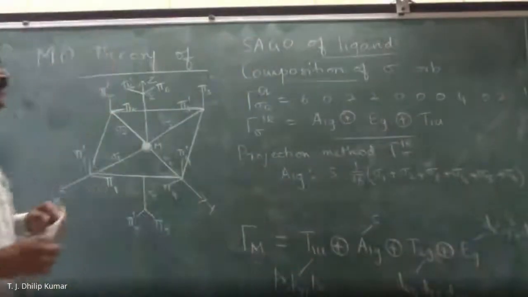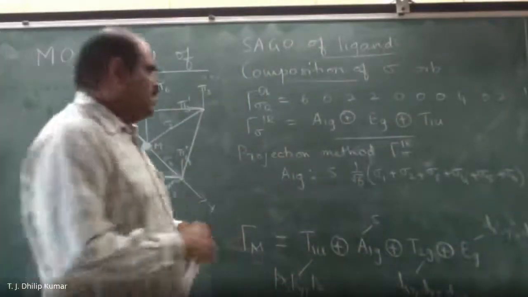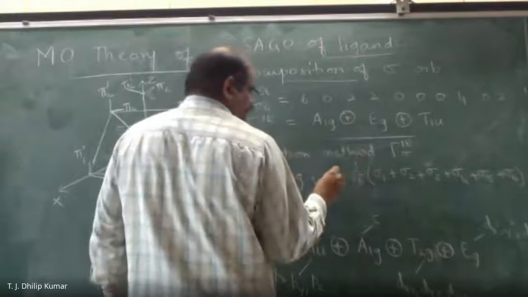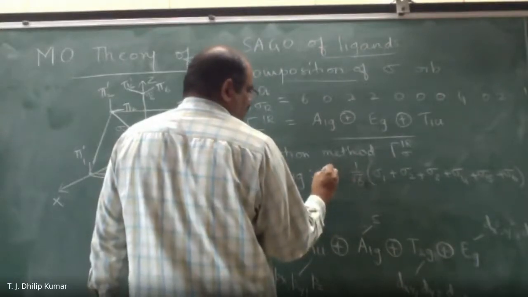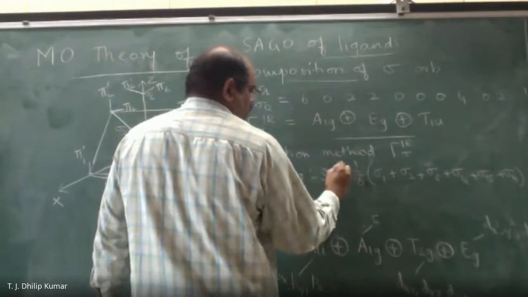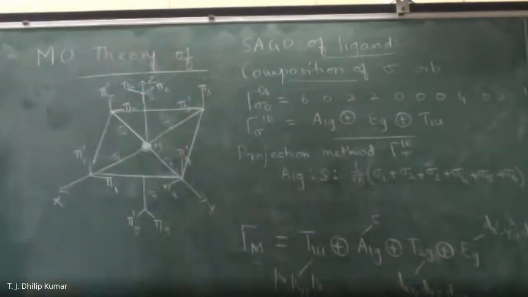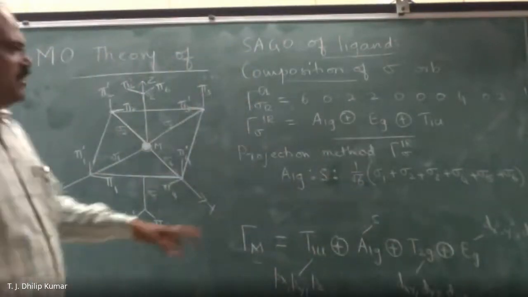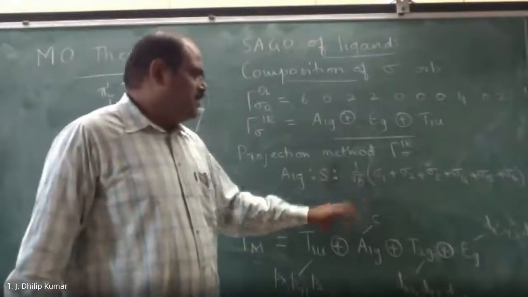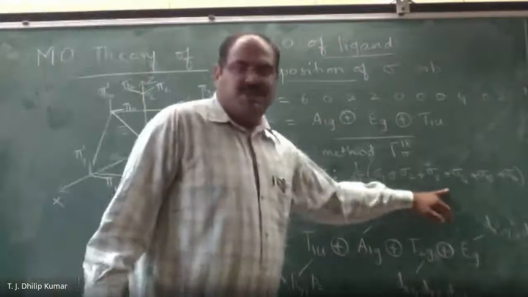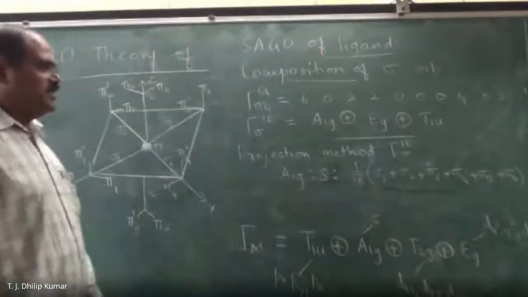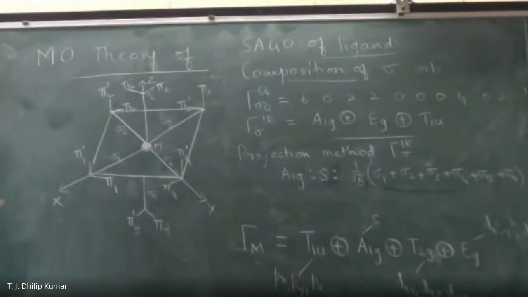So for A1g symmetry, we get the function; this is the s orbital function. Earlier we used to write phi 1, phi 2, phi 3. So this is the s orbital, A1g. I write 1 over root 6, and then all these projected functions, sigma 1, sigma 2, sigma 3, sigma 4, sigma 5, sigma 6.